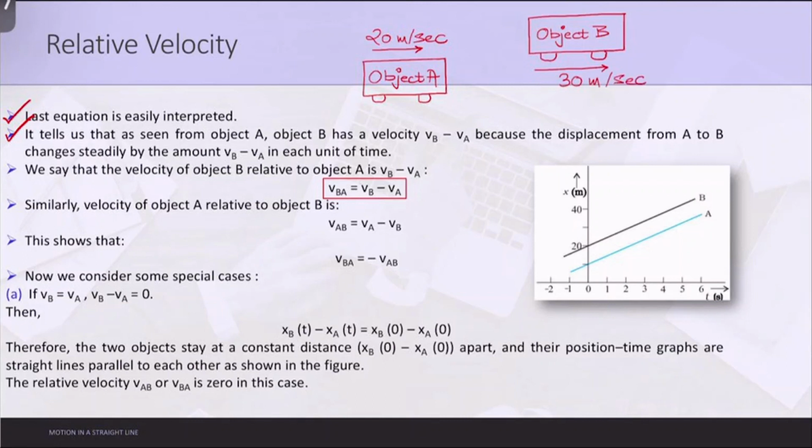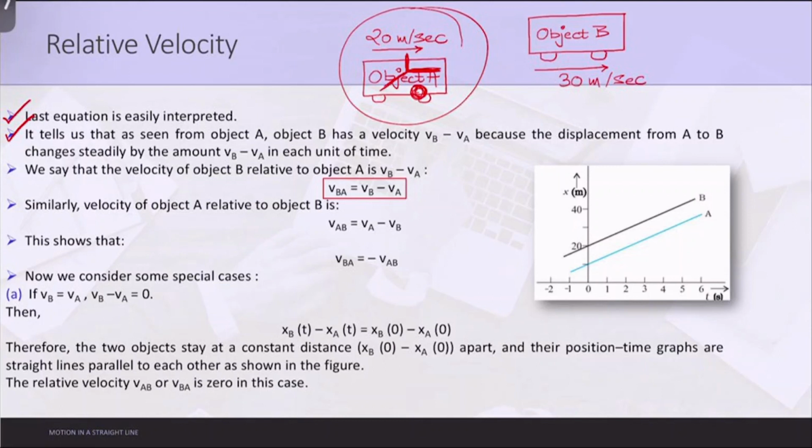Now, as seen from object A, what does it mean? We are attaching a frame of reference at this location, which has a standard coordinate axis and a clock kept here. We are watching object B from this frame of reference. That is how we use the frame of reference.